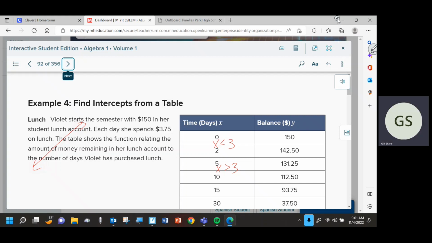What's the y-intercept from that table? Well, balance is the y values, but what's the y-intercept? Y-intercept is where x equals 0. It's where x is 0, so 150 is the y.